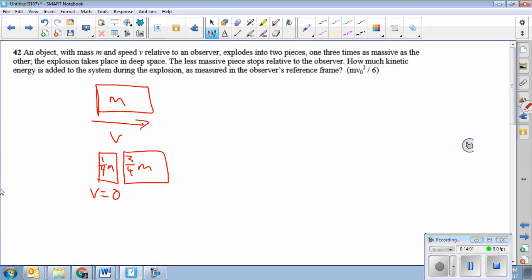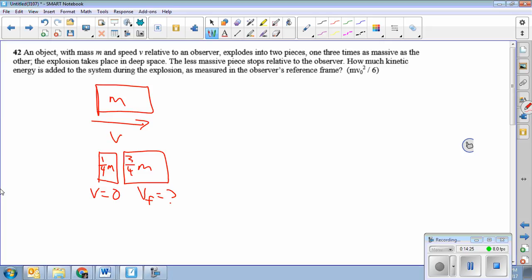Okay, so anyway, we're looking for this. The idea is we want to find this final velocity so that we can write an expression for the kinetic energy, right? But it's tricky because you're really not given that much information, are you?